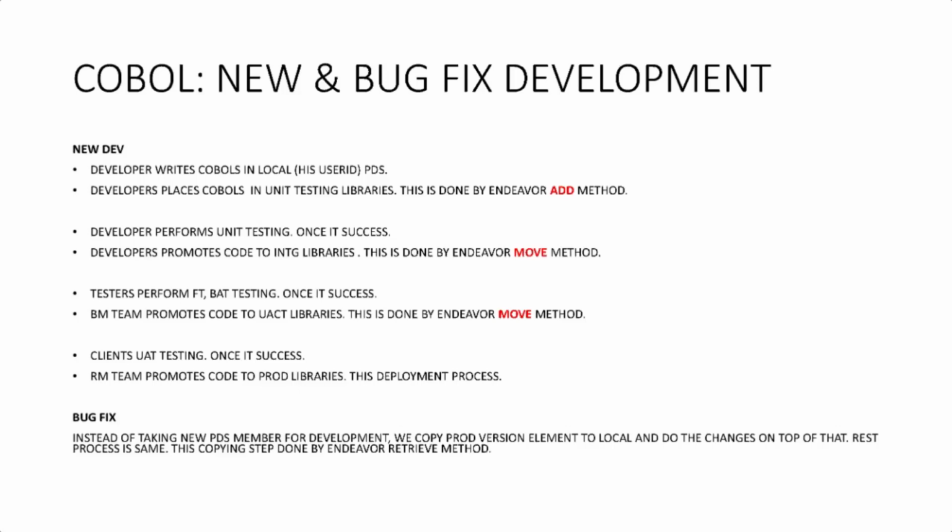Bug fix is also the same. Instead of taking a new member and starting scratch development, we will take a copy of the production source code to the local. Taking the production source code to the local is again an Endeavor method, retrieve, which we will also see next.